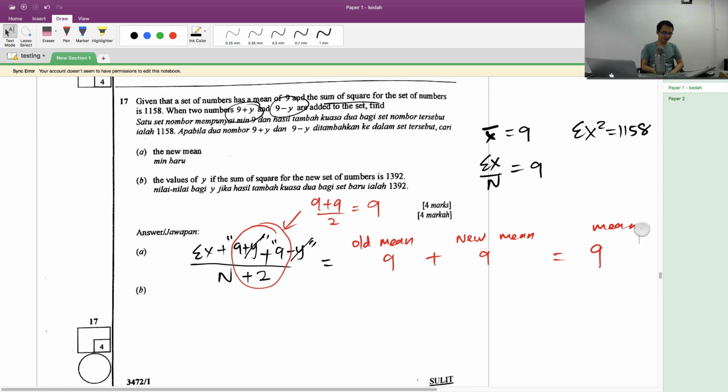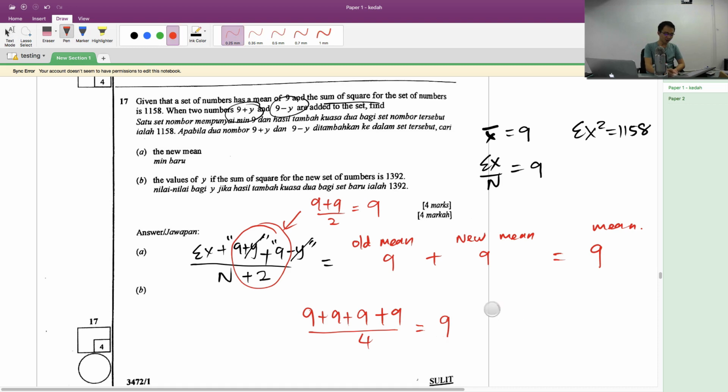So I will just give an example. Let's say 9 plus 9 plus 9 plus 9 divided by 4. I want to find the mean. All the 9s added together divided by 4, you can use a calculator, is 36 over 4. You will get 9.